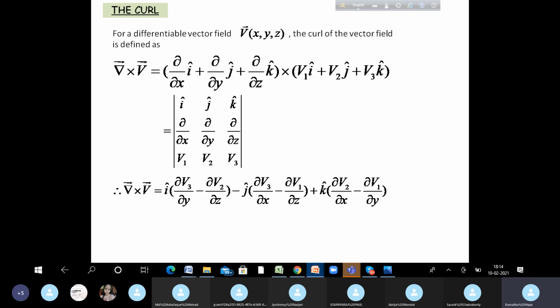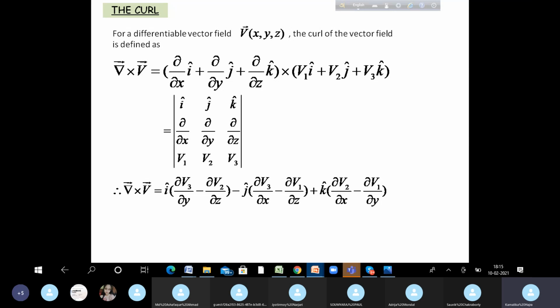Yes, zero. Very good. The answer will be the null vector. Obviously, you will not get the partial derivative of any one component with respect to that; all the components will mismatch. So the answer is a null vector, and we'll soon see why we are getting a null vector when we talk about the physical interpretation.